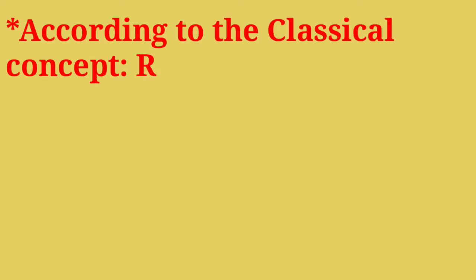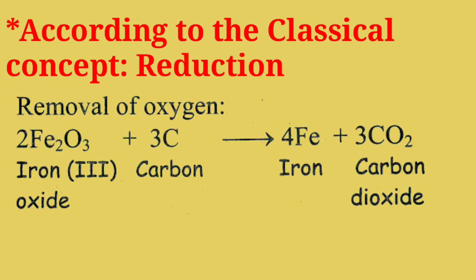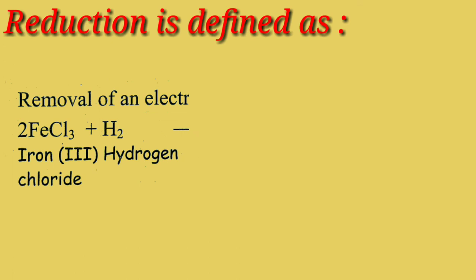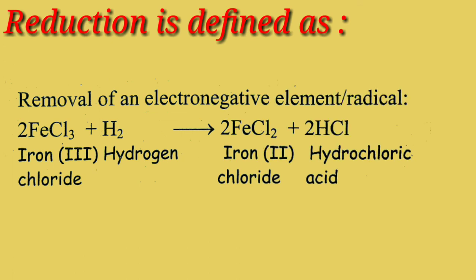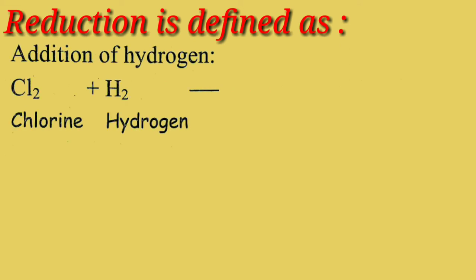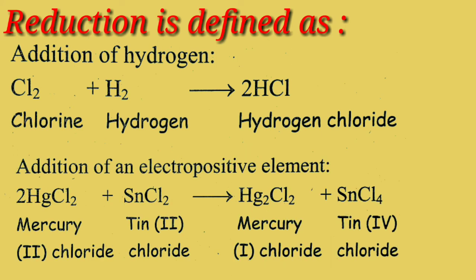Similarly, according to the classical concept, reduction is defined as the removal of oxygen from a compound. Nowadays, the term reduction is defined as the removal of oxygen or electronegative element from a substance, or addition of hydrogen or electropositive element to a substance.